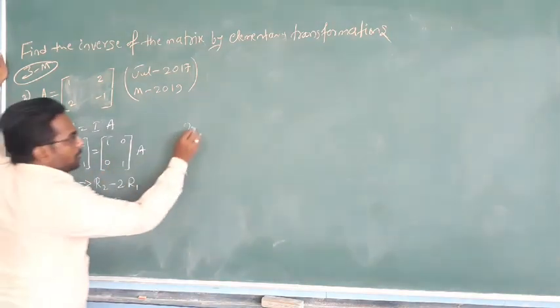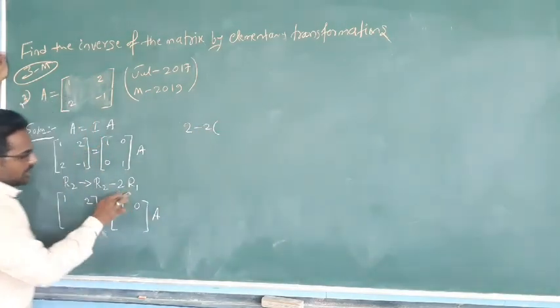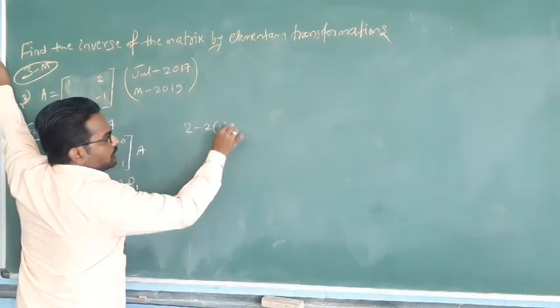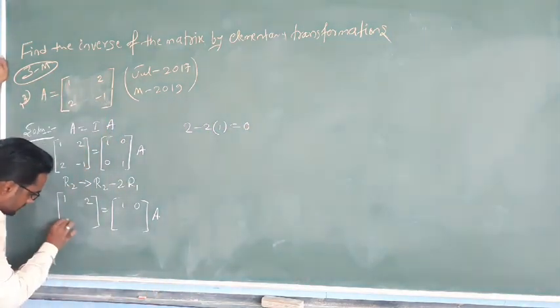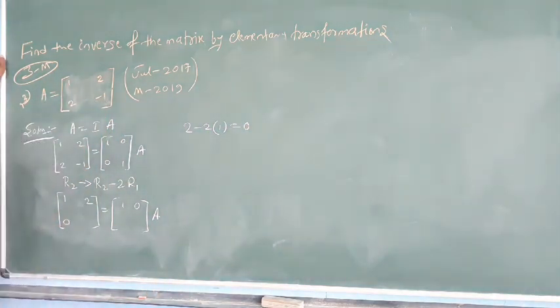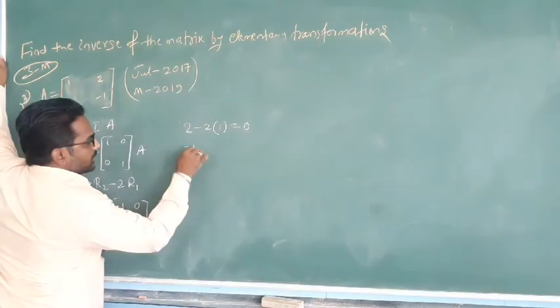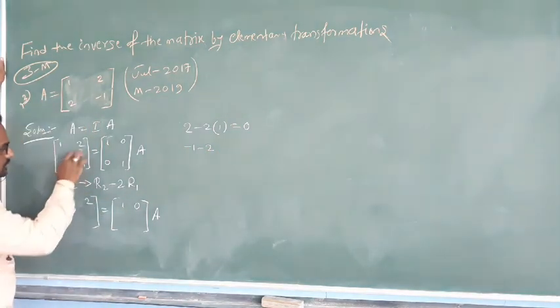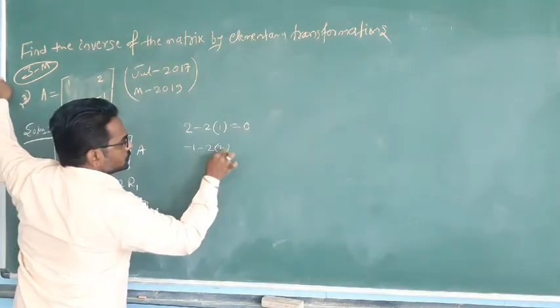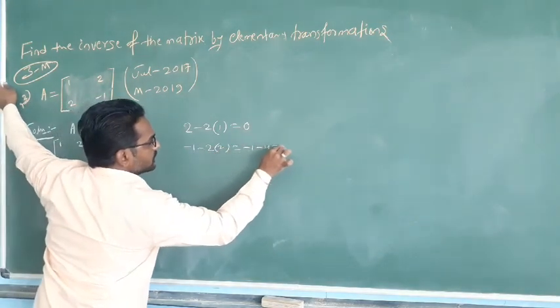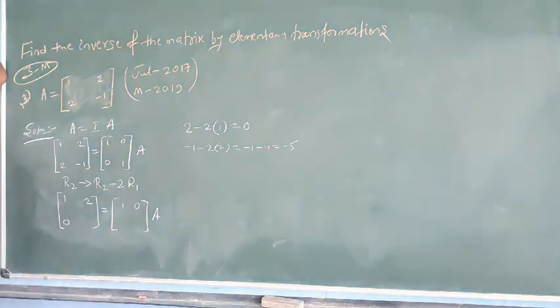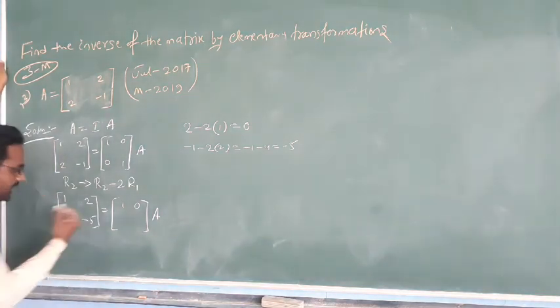That is 2 minus 2 into R1 element, which is 1. So 2 minus 2, that is 0. So this element is 0 here. Next, R2 minus 2R1. What is R2 here? Minus 1 minus 2 into this one, that is 2. So minus 1 minus 4, you get the minus 5. Okay, so minus 5 here.